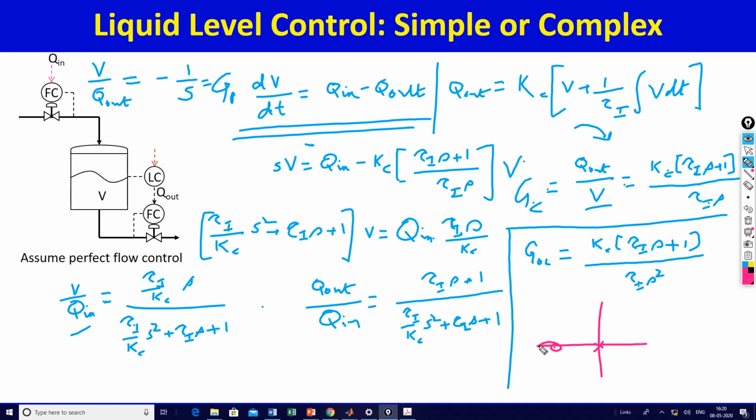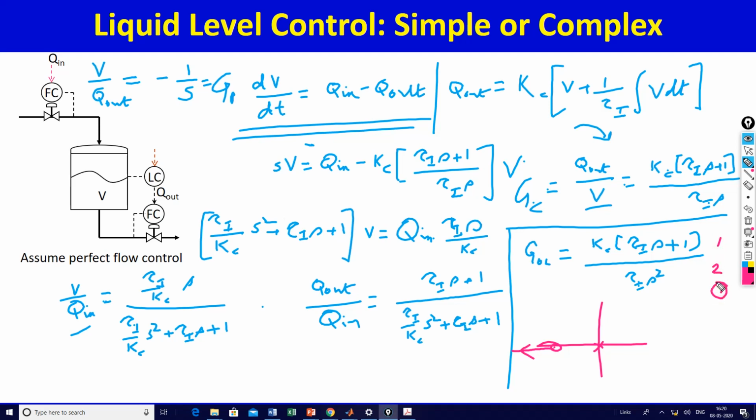Between the poles and the zero, there's not going to be any locus, because the number of critical points to the right is even, because there are two poles at the origin. Will locus exist here? Yes, because there are 3 critical points to the right, which is an odd number. The overall order of the system is numerator order 1, denominator order 2, so 2 minus 1, the overall order is 1.